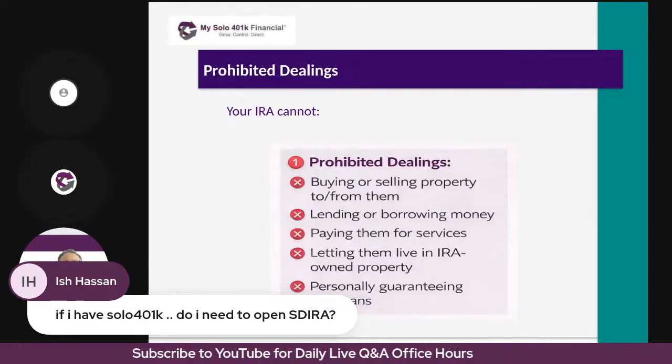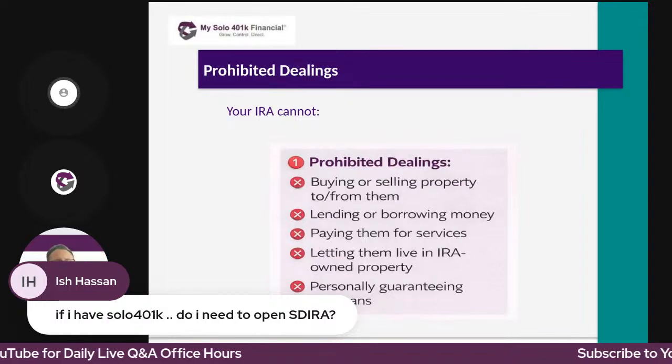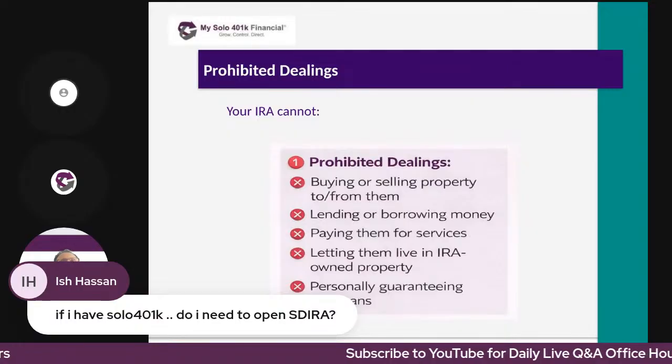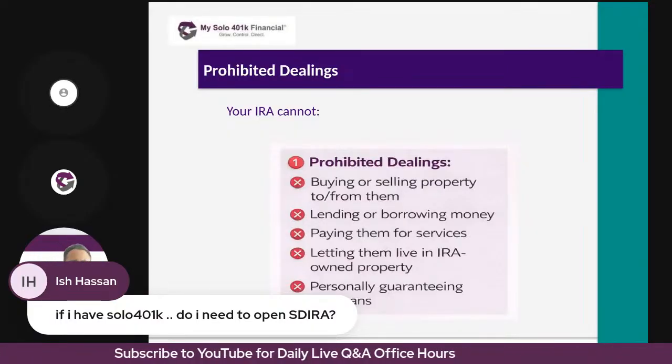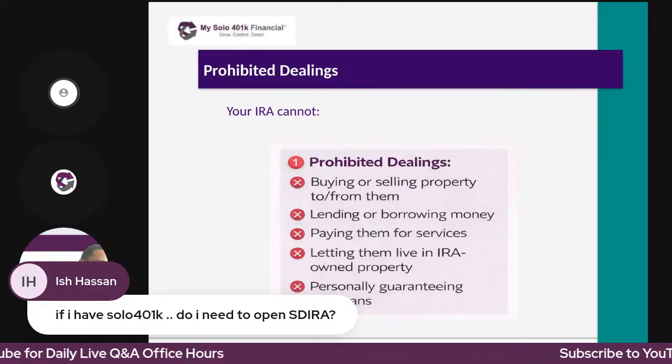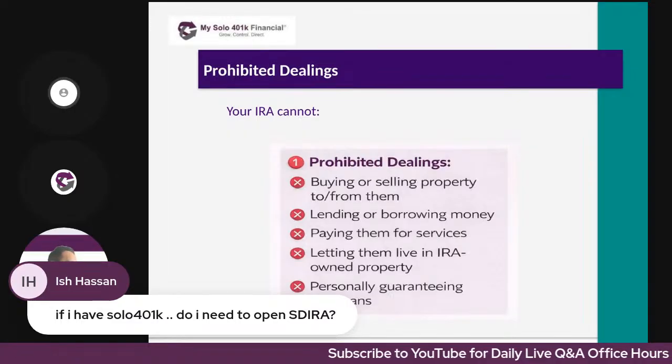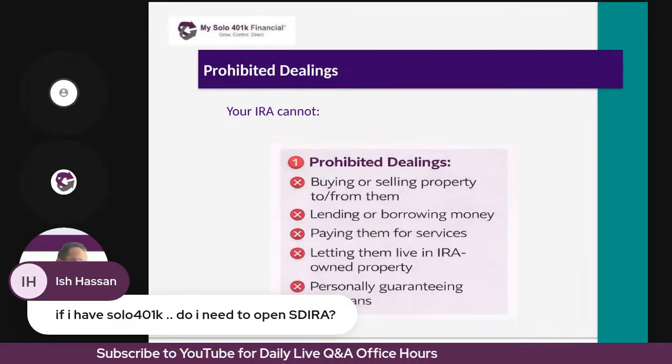Let's talk about some of the most common violations regarding self-directed IRA investments and prohibited transactions. One would be buying or selling a rental property. Your IRA cannot buy property from you or sell property to you. Same rule applies to a self-directed solo 401k plan.